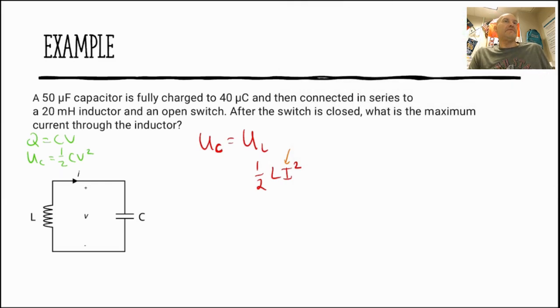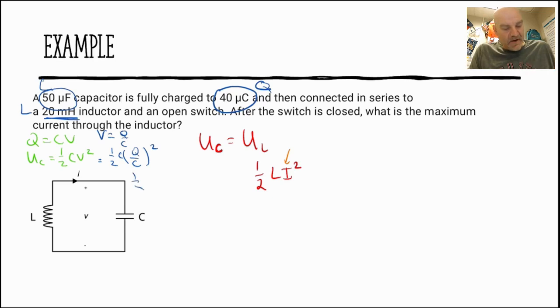If I want this in terms of Q, since we have the capacitance and the charge, V is Q over C. So I substitute that in: 1/2 C times Q over C squared, which becomes 1/2 C Q squared over C squared.